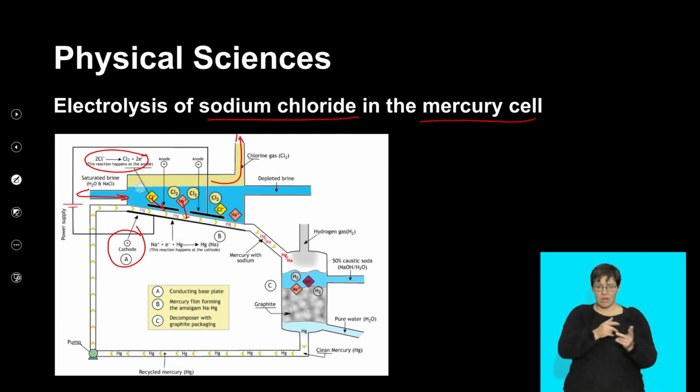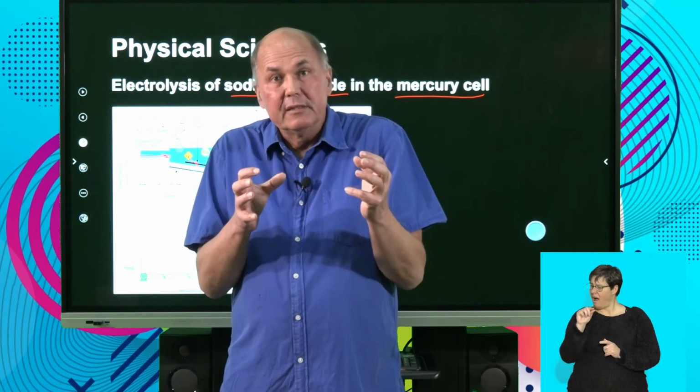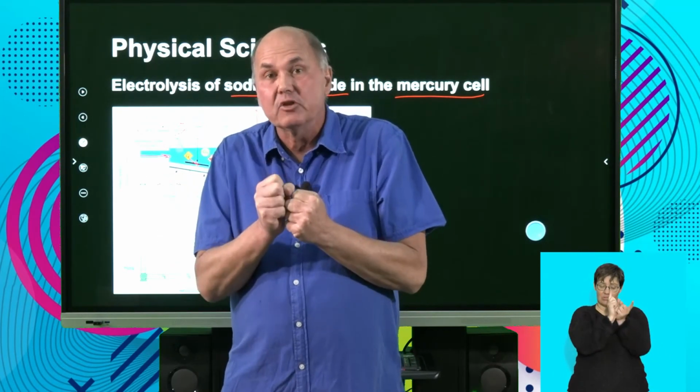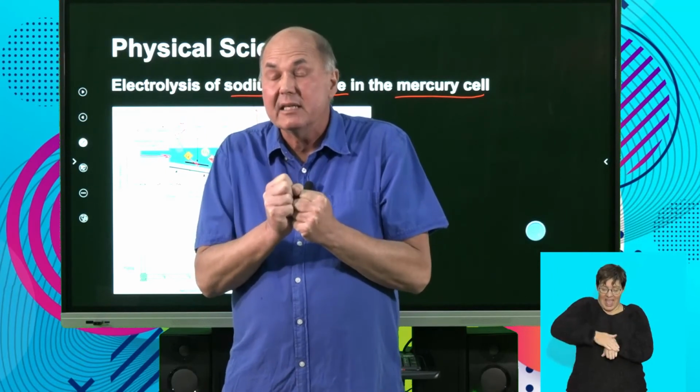Now, what's interesting here is that at that point, the sodium would gain an electron from the conducting mercury.